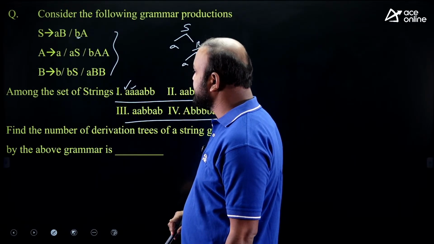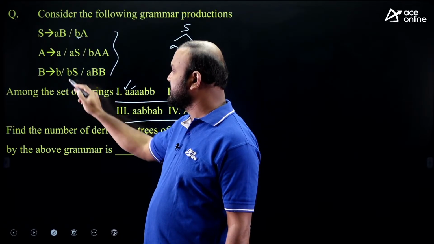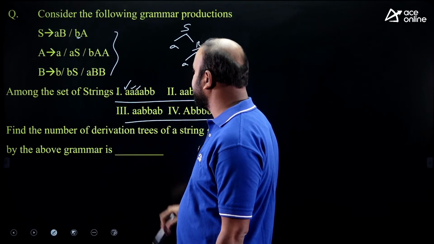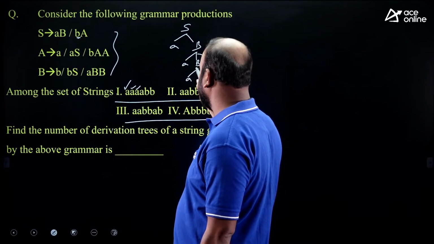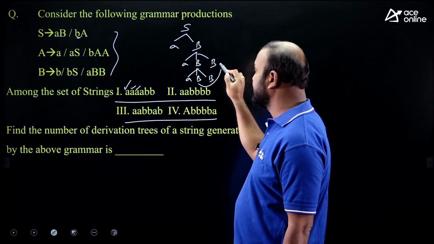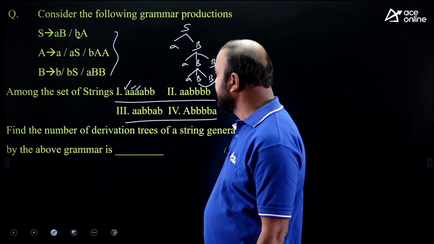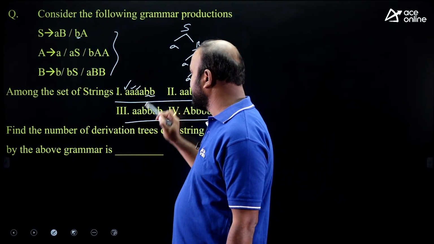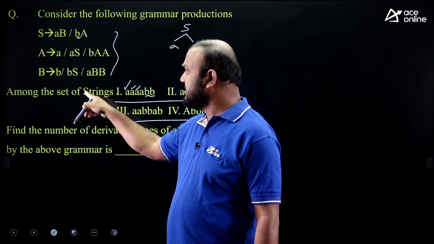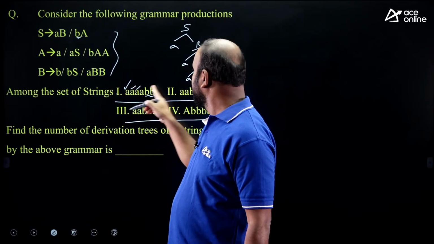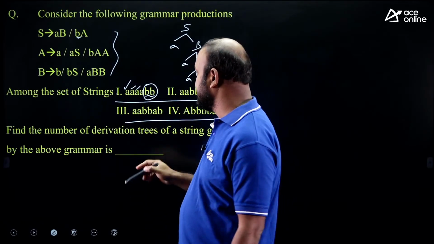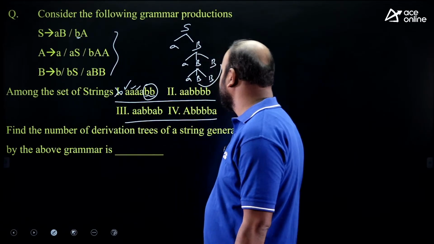To get A using B, we have to apply the A, B, B production. And each B production is going to replace with B's. And with this B, again I have to have A, so to get A we have only the A, B, B production. The number of B's are increasing, but in the string there are only 2 B's. If the number of B's is more, but in the input sentence there are only 2 B's, so this is not possible to be derived.